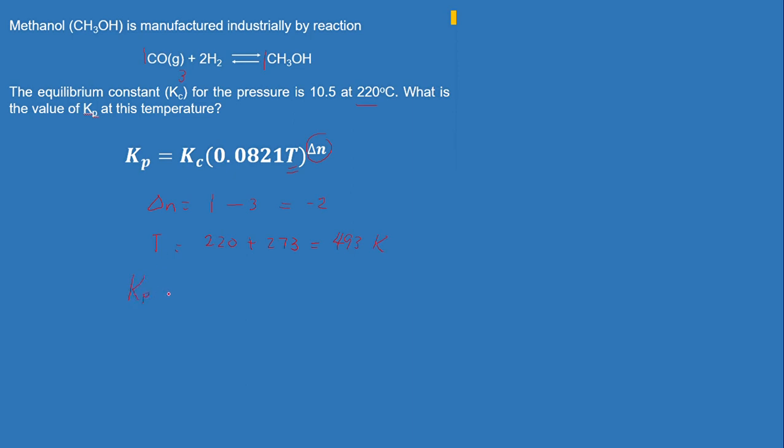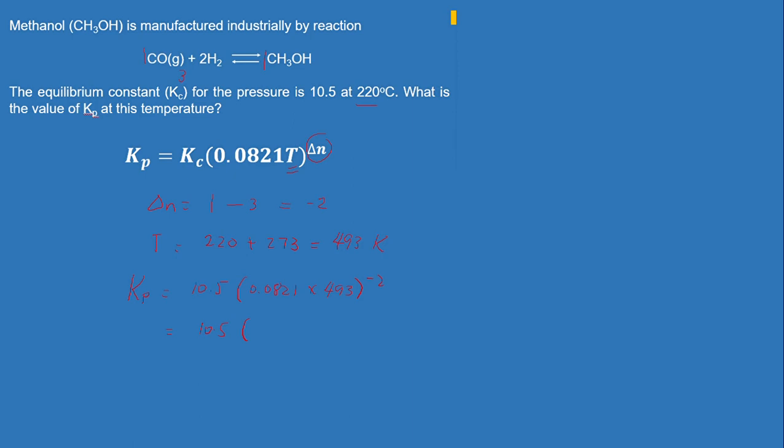Okay, so now let's solve for Kp. Kp is equal to, ang Kc natin ay 10.5 times 0.0821 times the temperature. Ang temperature natin ay 493 and then raised to negative 2. Okay, so 10.5 times, solve muna natin yung nasa loob ng bracket.